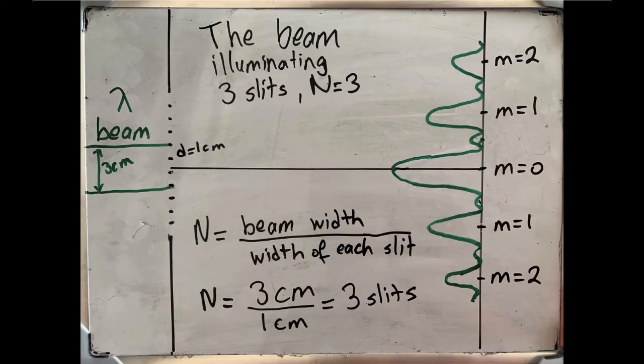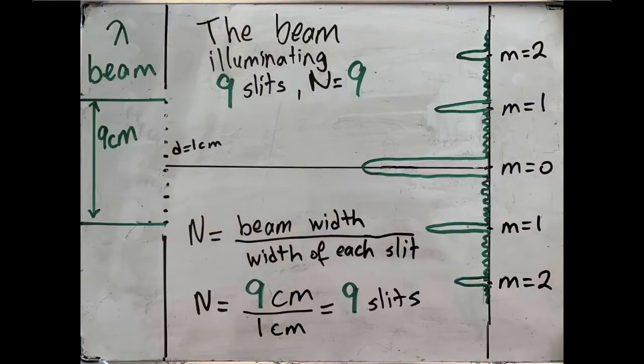If I replace this 3 centimeter beam, without changing anything, with a 9 centimeter beam, in that case, how many slits will the beam be passing through? The answer is obviously 9. A 9 centimeter beam illuminating slits of width 1 centimeter. This is now 9 slits instead of 3.